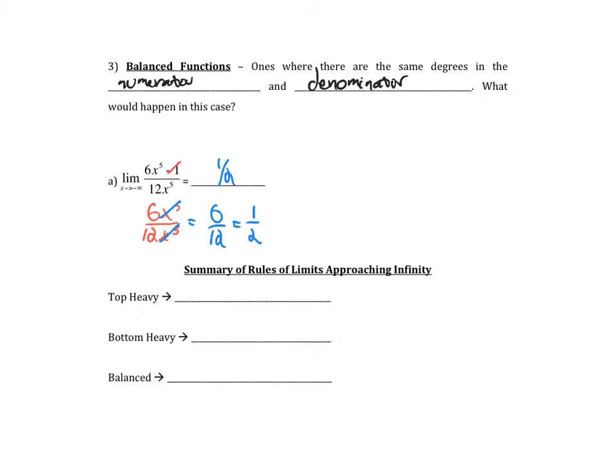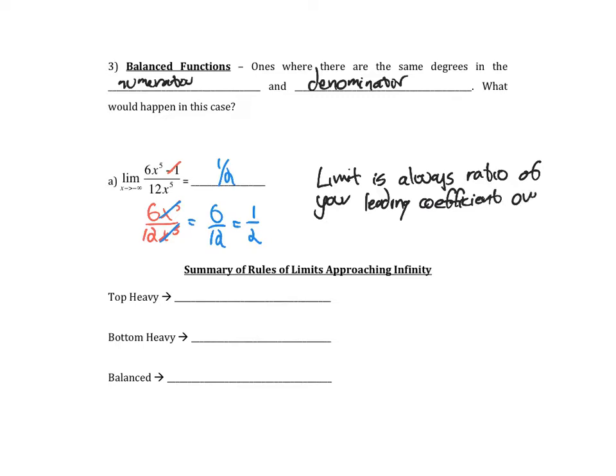So in a balanced function where everything just cancels each other out, your limit is always the ratio of your leading coefficient in the numerator over leading coefficient in the denominator.